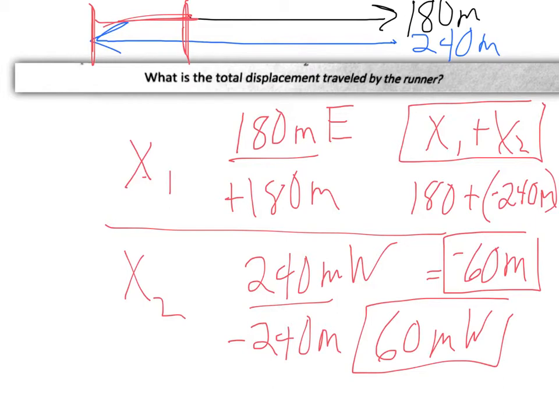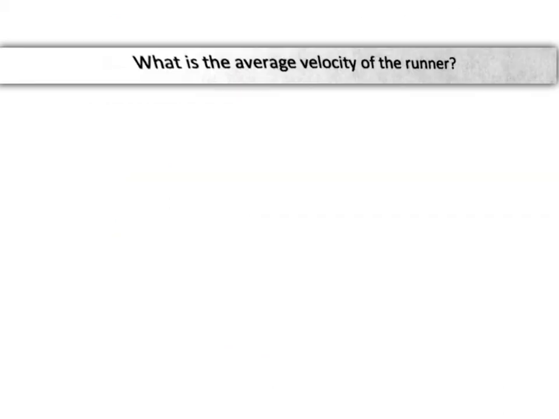All right, the last question in number 5 says, what is the average velocity of the runner? So velocity equals the total displacement divided by the total change in time. Well, let's be careful here. We already know the total displacement. We just solved that.